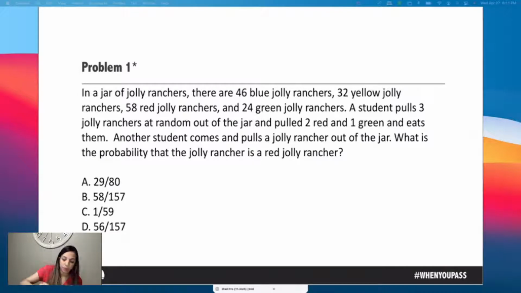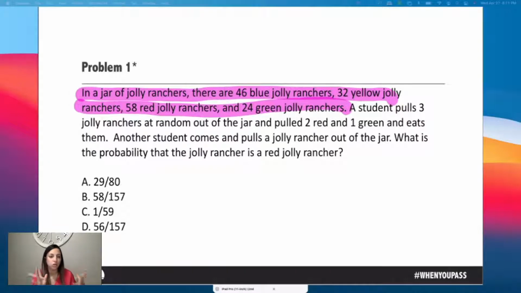It's a lot of information, so let's break it down. What did they give us in the beginning? They gave us the contents of that jar of Jolly Ranchers, so this is like the total number we have. Then in our story, a student comes along, pulls some Jolly Ranchers out of the jar and eats them. Why is that significant?